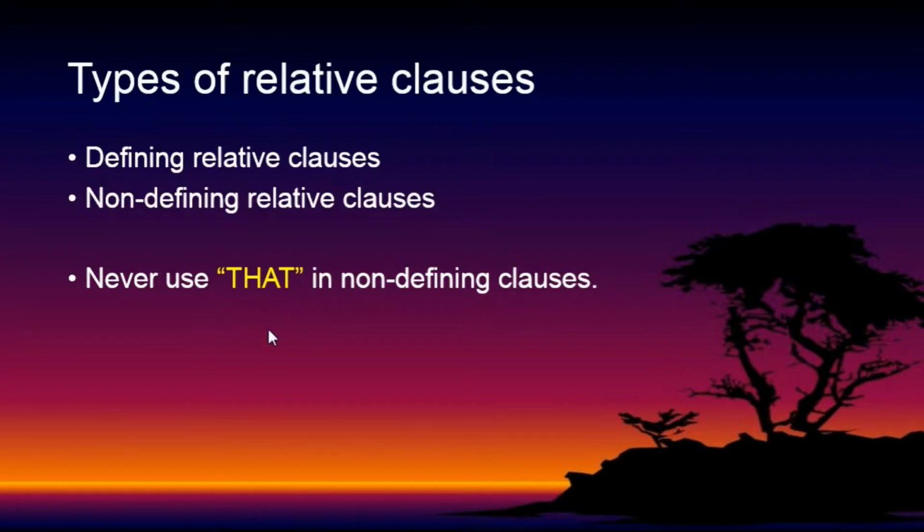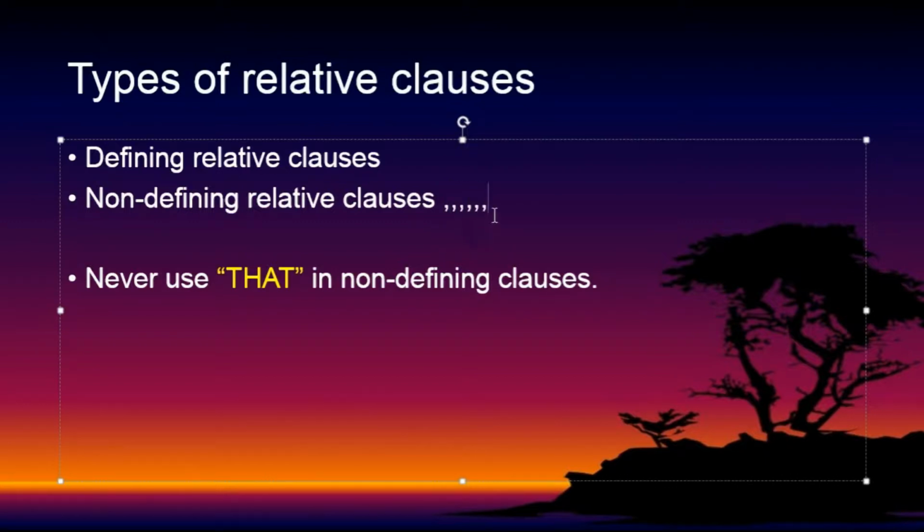So one very important note, as I told you before: it's wise to use who and which, because that can never be used in a non-defining clause. Non-defining clauses require commas. When you have commas, it means it's a non-defining relative clause.